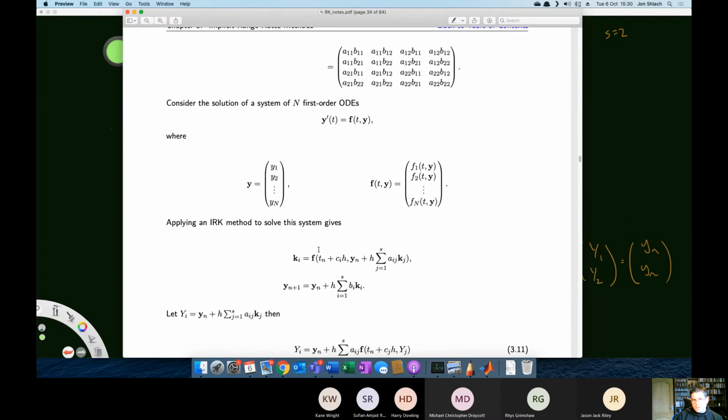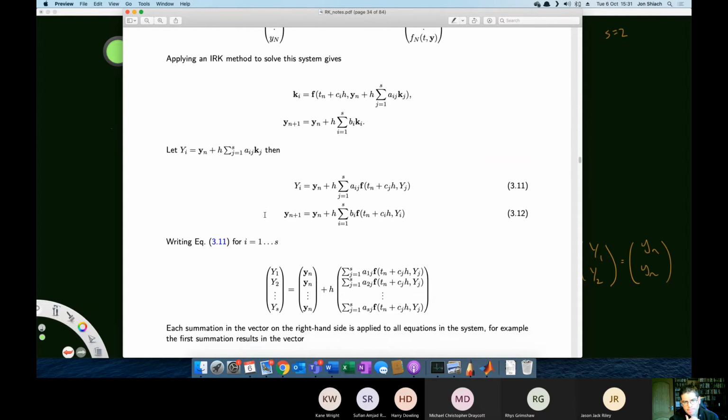So what we want to do is apply our implicit Runge-Kutta methods for solving a system of ODEs, this system here. This is going to be a vector of y, y1, y2, etc. These are all your equations. We're also going to have some functions, so f1, f2, etc. are all functions for our system.